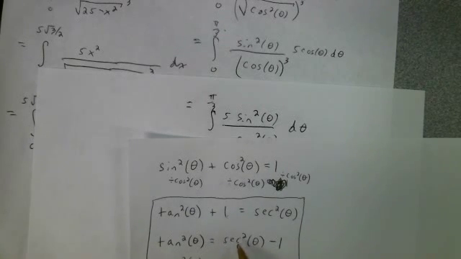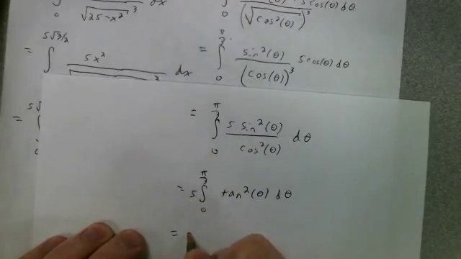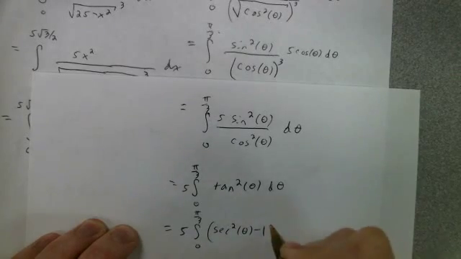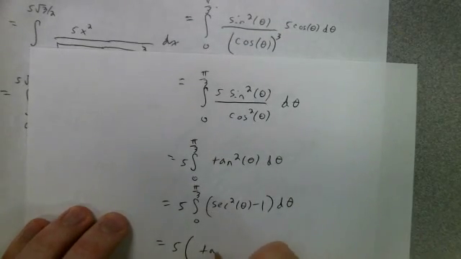It's just tangent. Aha! So I'm going to take tangent squared and replace it with secant squared minus 1. Great.